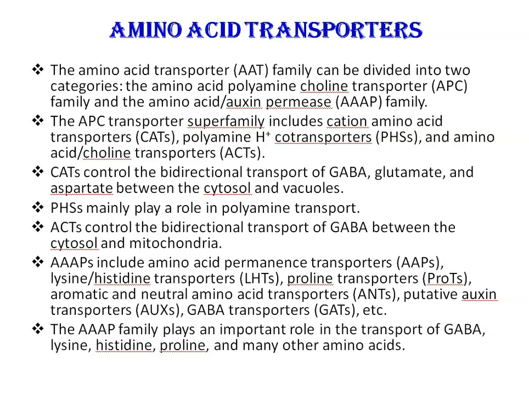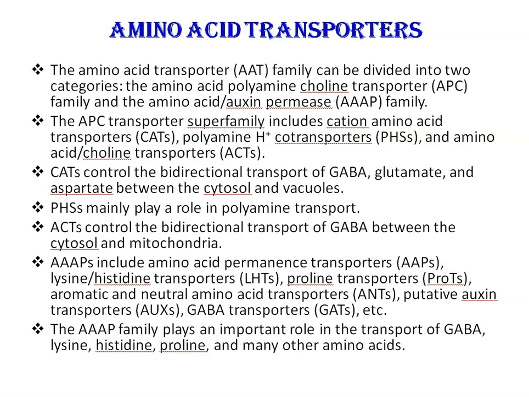CATs control the bidirectional transport of GABA, glutamate, and aspartate between the cytosol and vacuoles. PHS mainly play a role in polyamine transport. ACTs control the bidirectional transport of GABA between the cytosol and mitochondria.